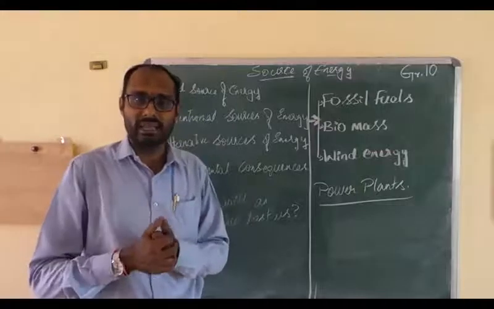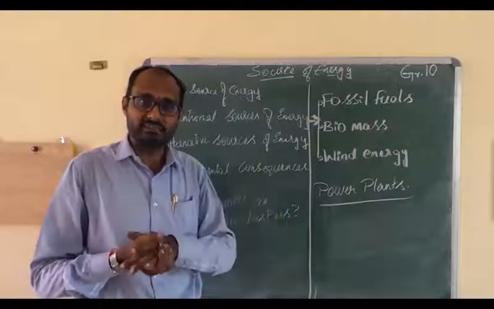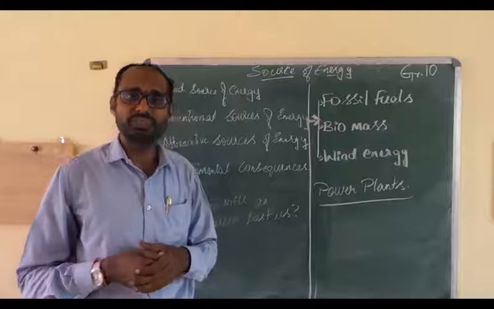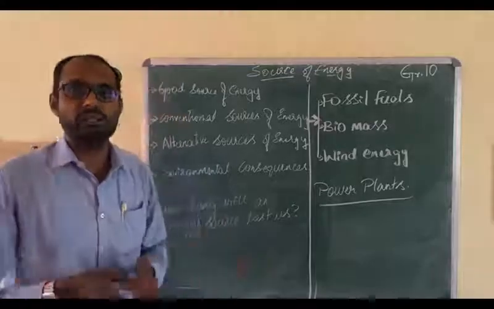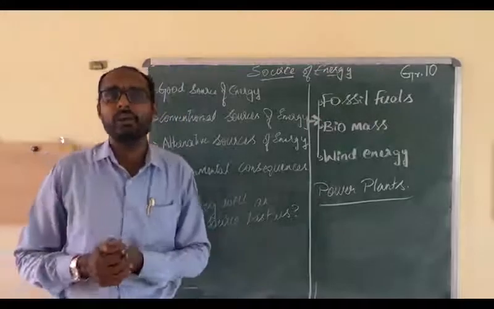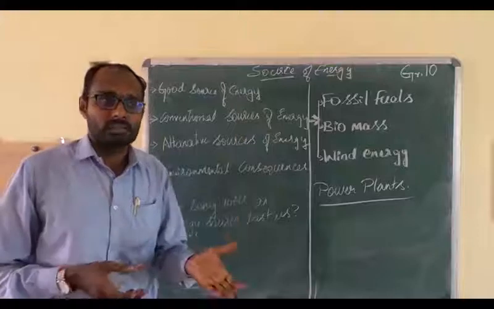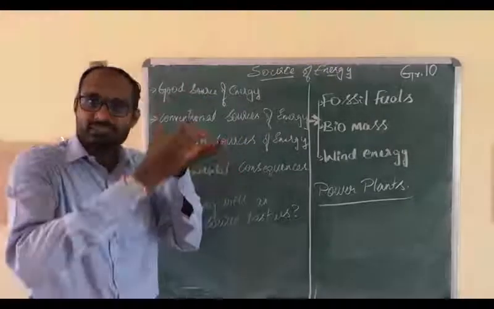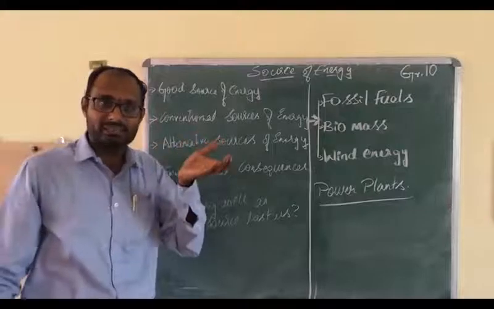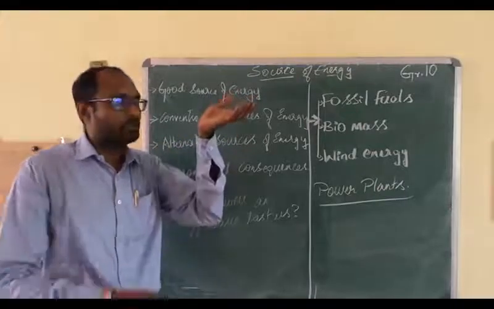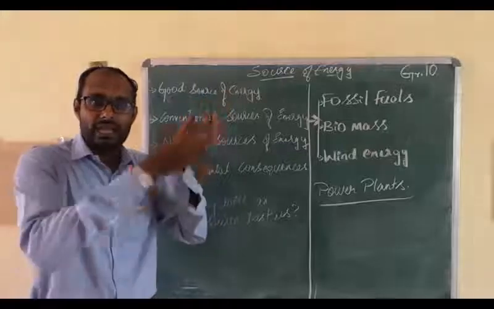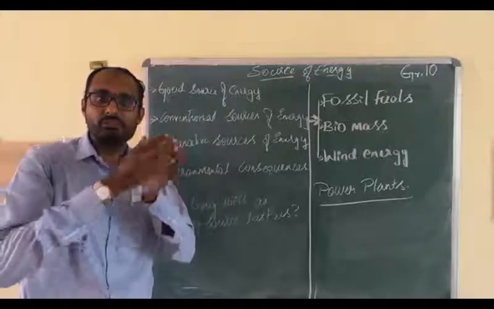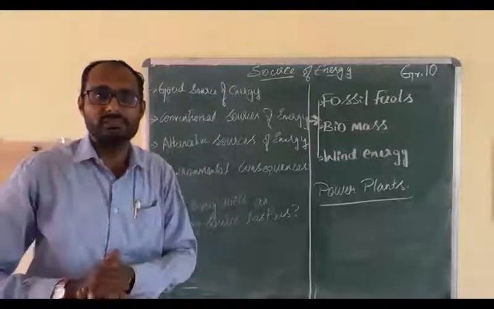When we construct the dam, the water gets accumulated and that water can be used for irrigation purposes to bring a lot of land under agriculture, and also the level of water is used to run the water down from a great height. When it is coming down, it will fall through the turbine.